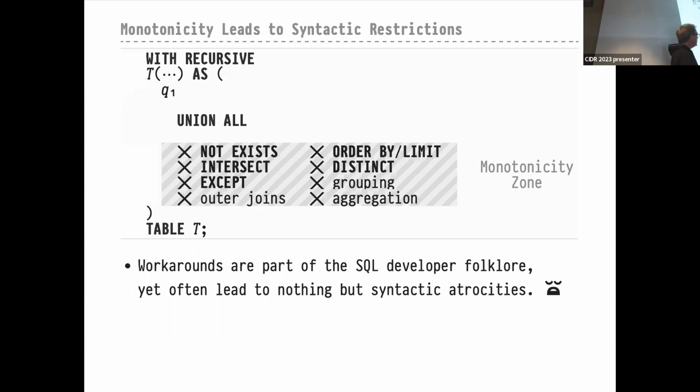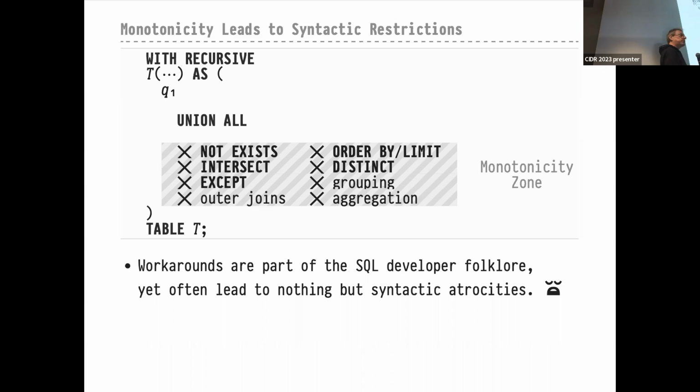Monotonicity is a syntactic restriction that database systems enforce on the Q loop part of your recursive CTE. A certain set of constructs is disallowed in the Q loop part. Some, like grouping or aggregation, are forbidden because they would ruin the monotonicity of Q loop. They can really hurt you.